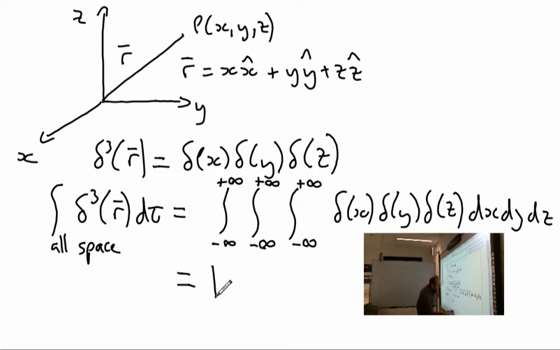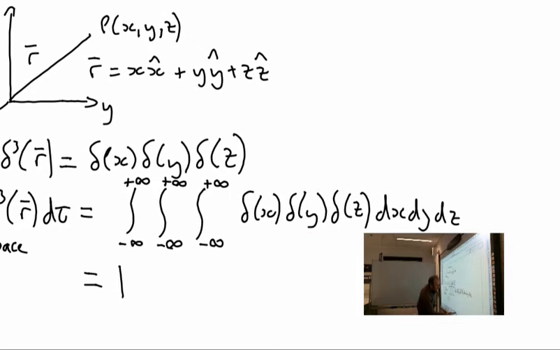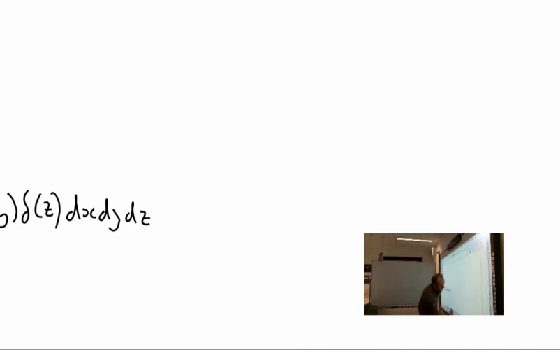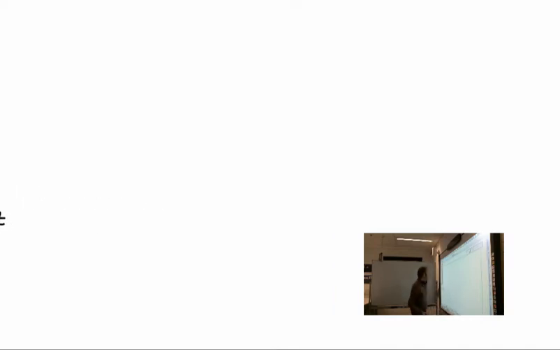Now, again, at the origin, it blows up, and everywhere else, the delta function is equal to 0. So we can extend this and generalize it. We can shift the position, obviously, from the origin to some position a.